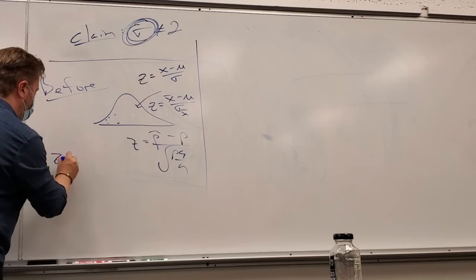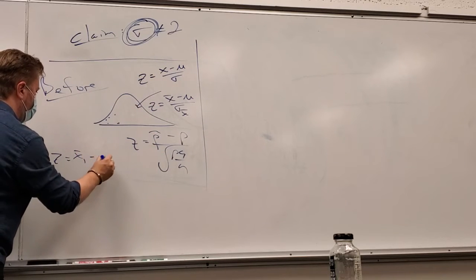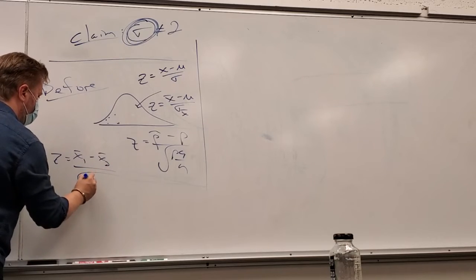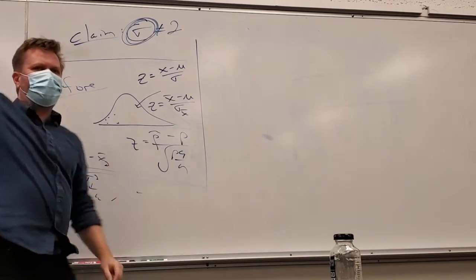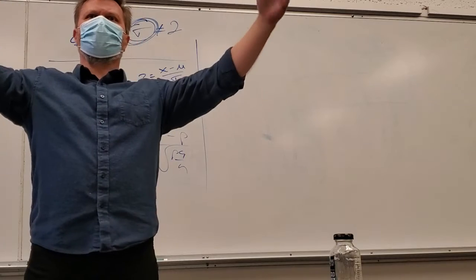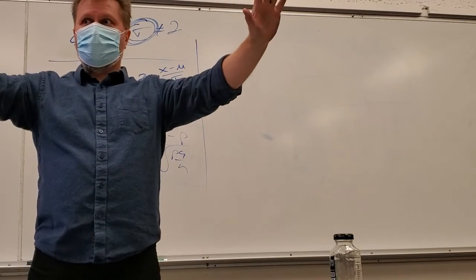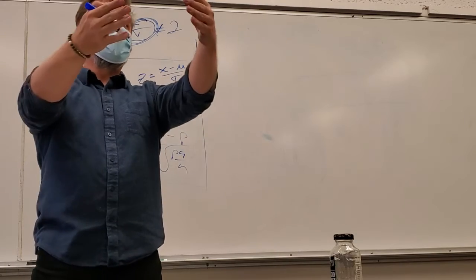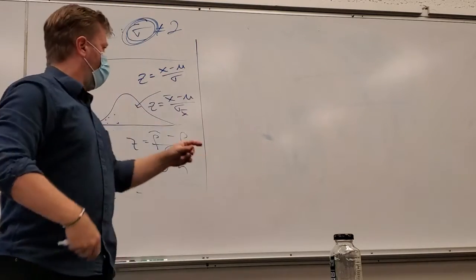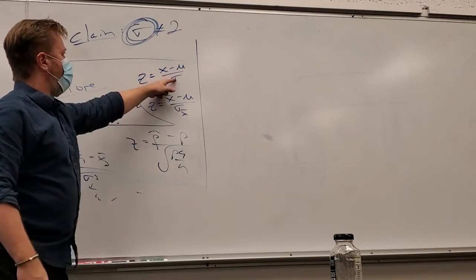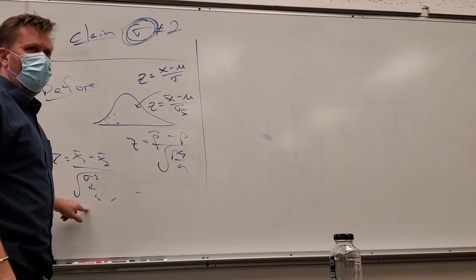We even had the one with x bar 1 minus x bar 2 over the square root of sigma 1 squared. I don't even care. A bunch of different formulas. They all fall in the same picture, yes? That's the beauty of making a z-score. Once I've made a z-score, it doesn't matter what specifically I was talking about.